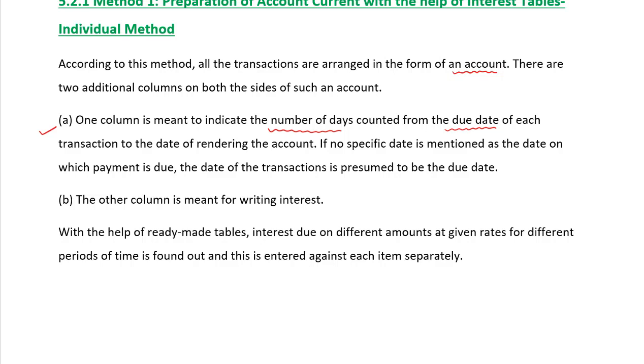If no specific date is mentioned as the date on which the payment is due, the date of transaction is presumed to be the due date. The other column is meant for writing the interest. With the help of ready-made tables, interest due on different amounts at given rates for different periods of time is found out, and this is entered against each item separately.